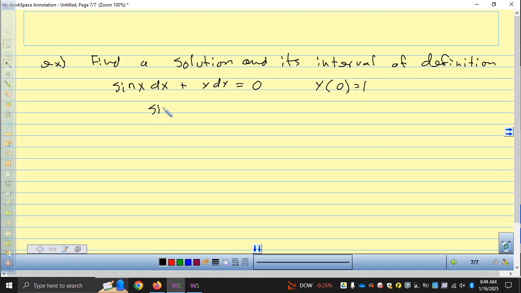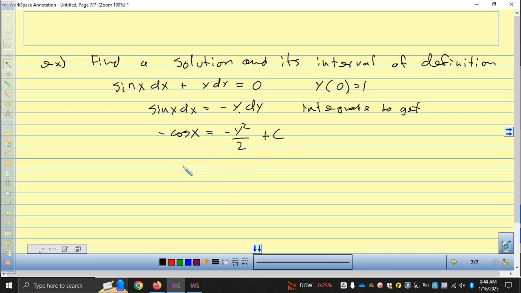So I have sine of x dx equals negative y dy. So we integrate both sides. And we get that negative cosine x equals negative y squared over 2 plus c.